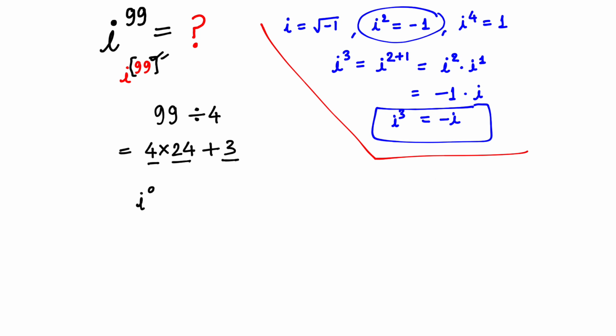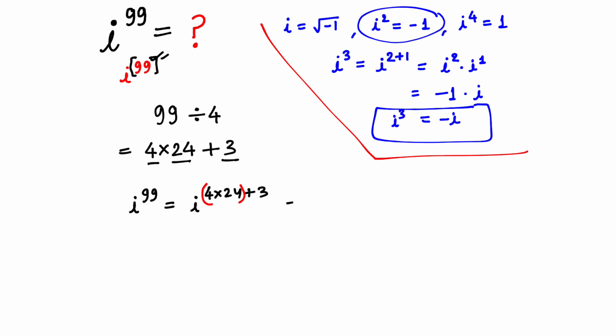Now, i raised to the power 99 can be written as i raised to the power 4 multiplied by 24 plus 3. As you can see, the multiplication has the priority, so it is under the brackets.